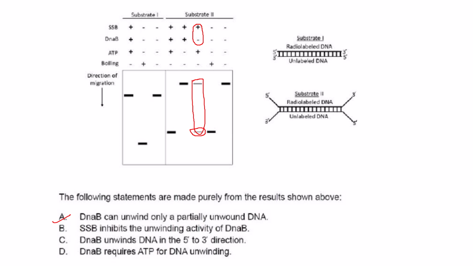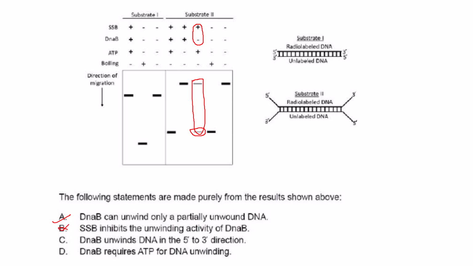So it inhibits the unwinding activity of DnaB, you cannot say, because when you add single-stranded DNA binding protein and DnaB, you got unwound DNA. Okay. So it doesn't inhibit the unwinding activity of DnaB.